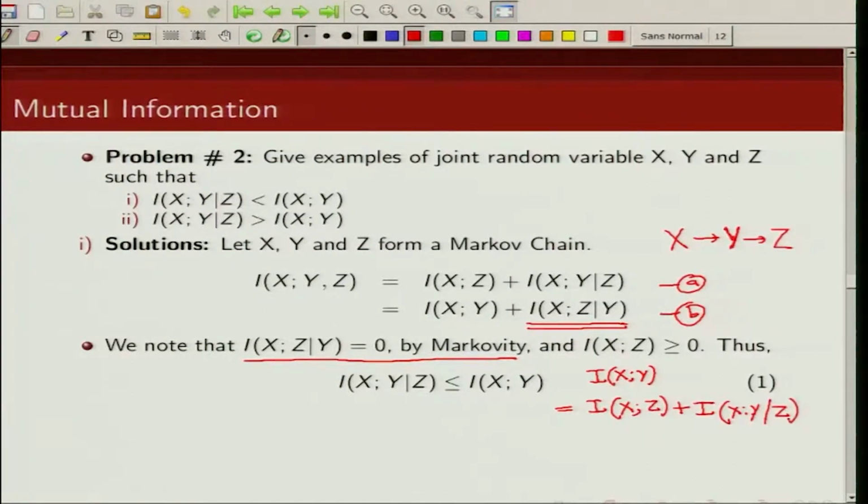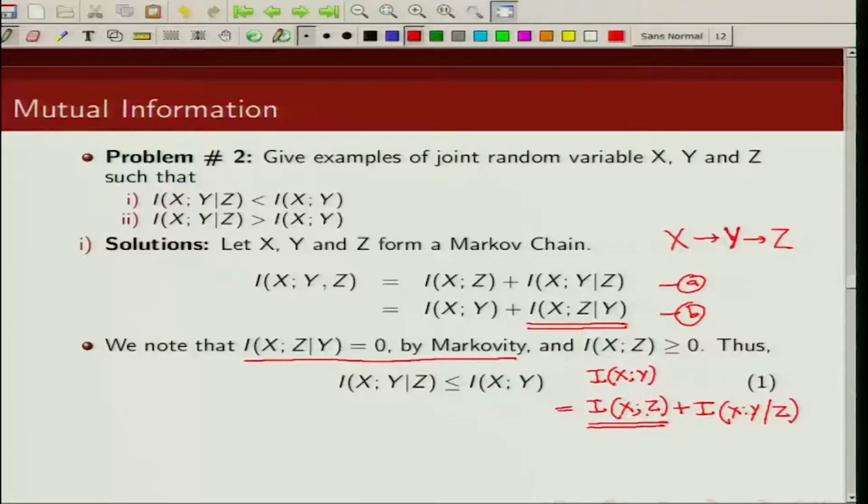Now, what is mutual information? Mutual information is the divergence between the joint probability distribution and the marginals. So the mutual information between x and z would be the divergence of the joint distribution of x and z from the marginals p_x and p_z. Now, we know that divergence is always greater than or equal to 0.